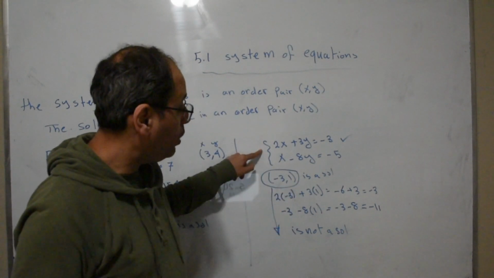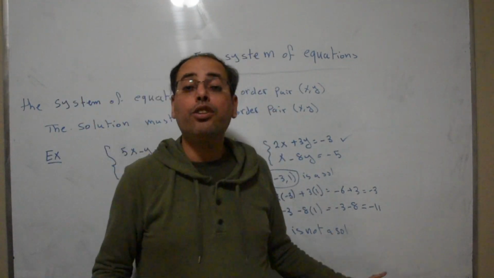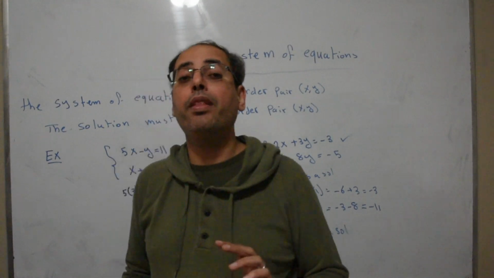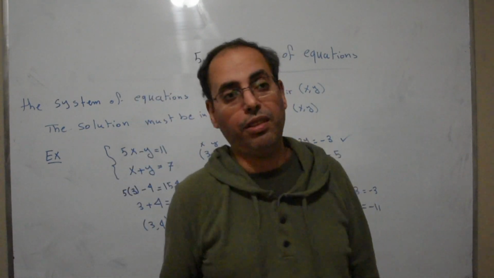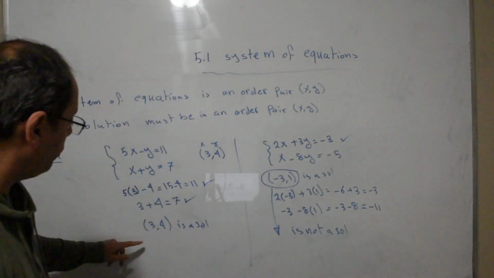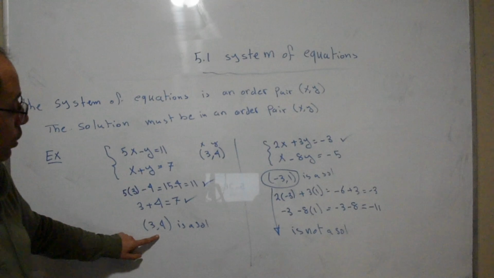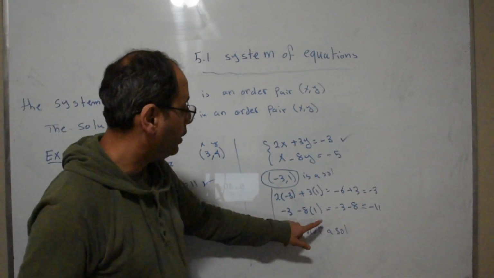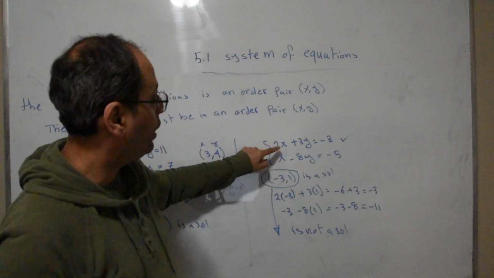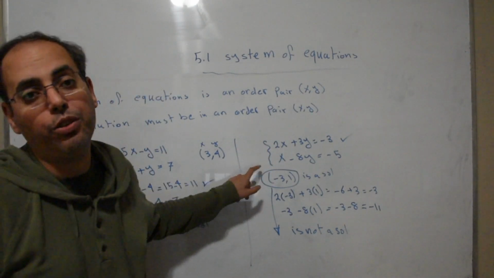It works in only one equation, but to be a solution for the system of equations, it must work in each equation of the system. Okay? So we have two cases here. One, the ordered pair works for both equations, while this ordered pair works in only one equation. This is a solution, that is not a solution.